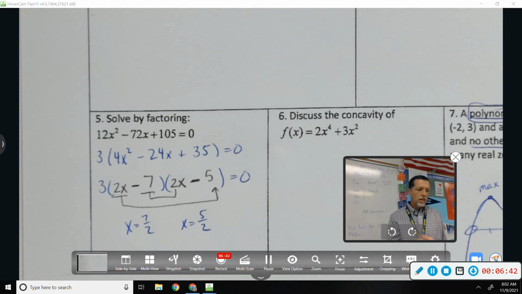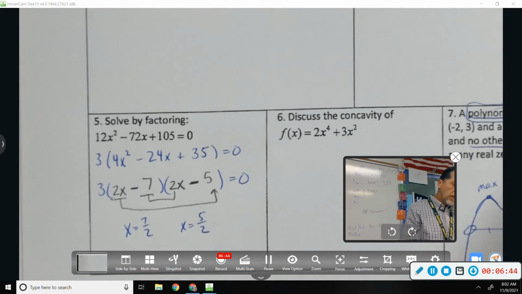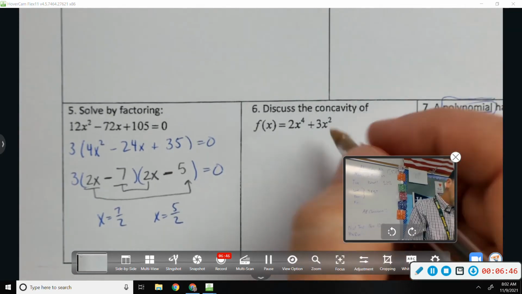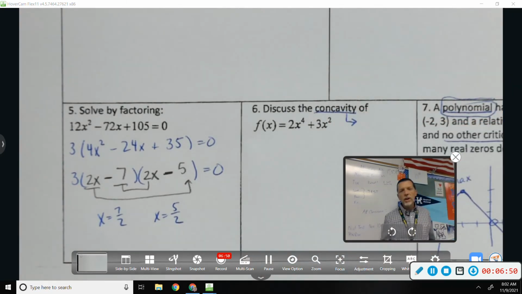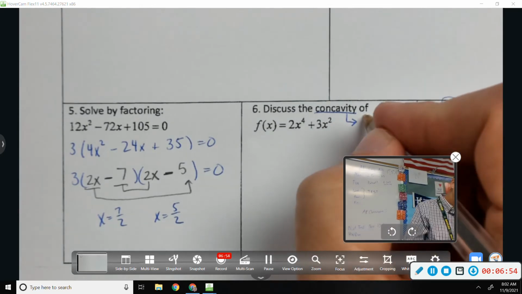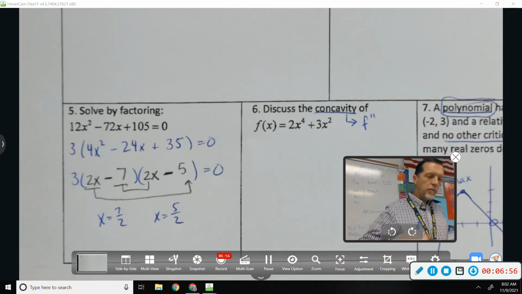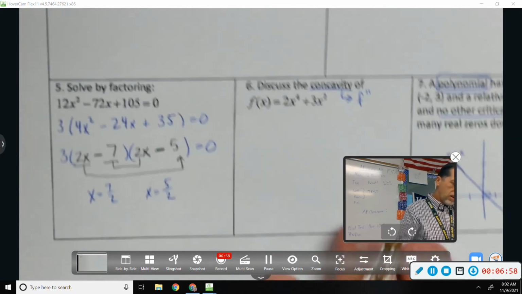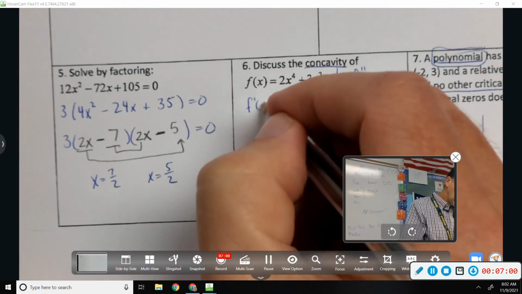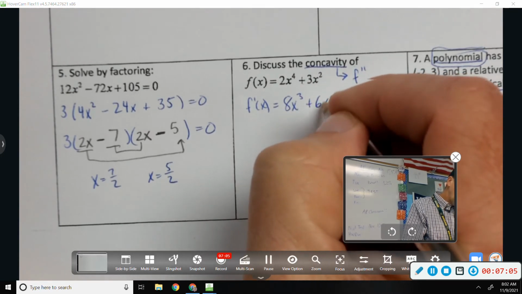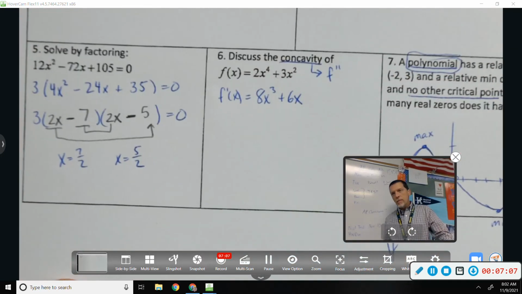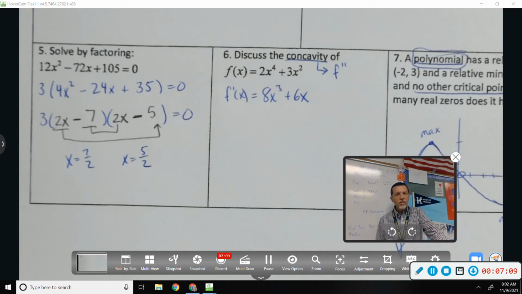Number 6, discuss the concavity. So what goes off in your brain when you see concavity? Second derivative. In fact, the sign of the second derivative. So first derivative would be 8x cubed plus 6x. If I was worried about maxes and mins or increasing, decreasing, I'd pause there and do a lot of work.